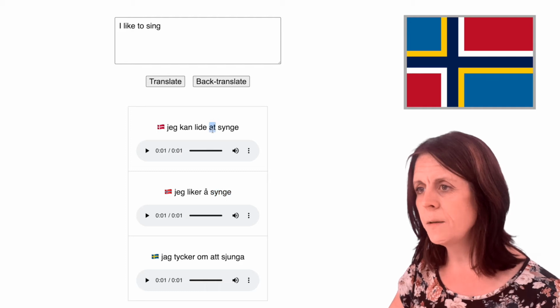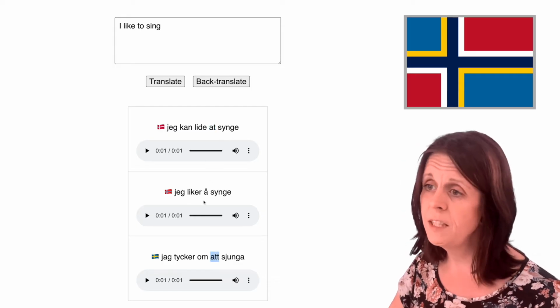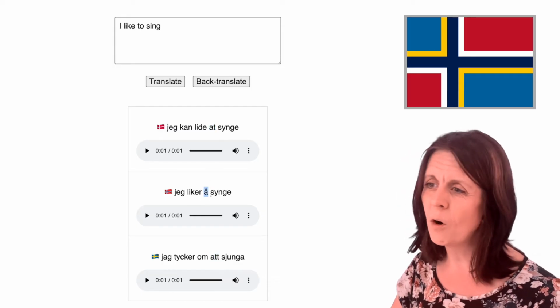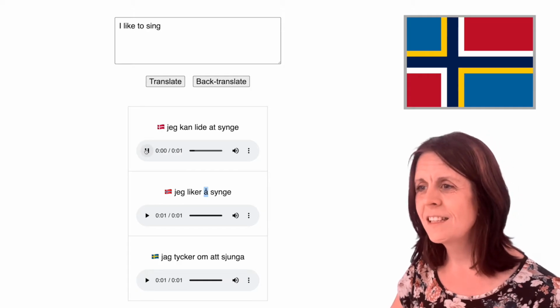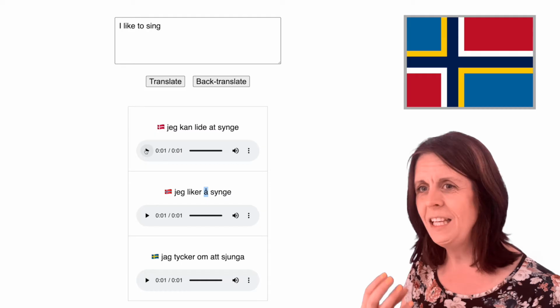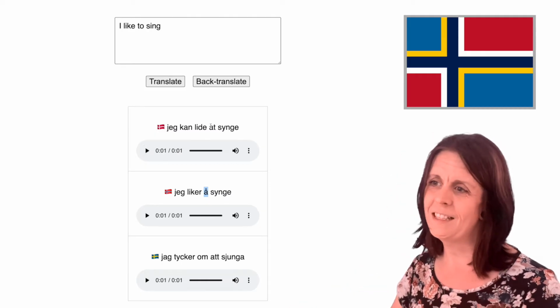Yes, that's nice. Are we going to use a or o for the infinitive? Looks like at with a T, probably. Although I do quite like o singer because if you listen to the Danish, jeg kan lide at synge, it sounds more like jeg kan lide o synge, not at synge.